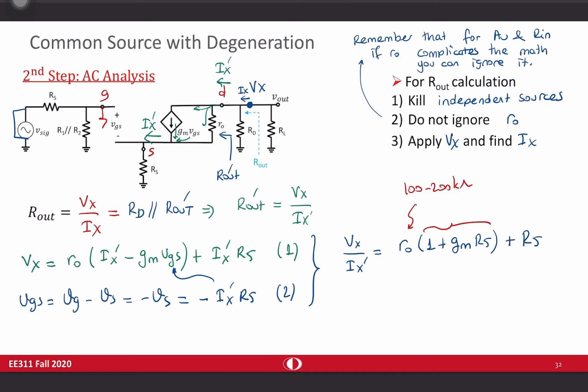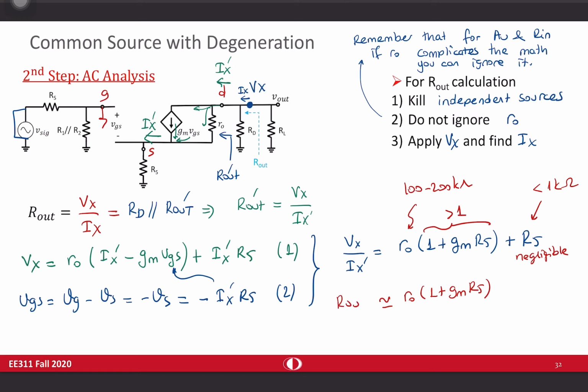You are multiplying it with something larger than 1, definitely. And this is the source degeneration resistance. It's in the range of maybe less than a kilo ohm or something like that in general. So you can approximate this thing as R0 (1 plus gm R5). So R5 is negligible compared to the first term.